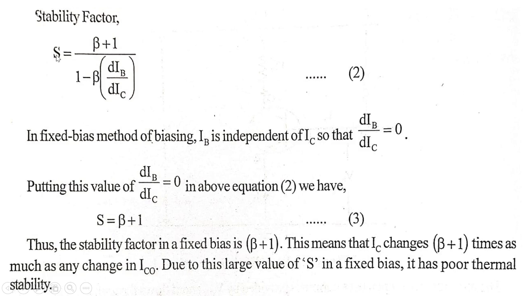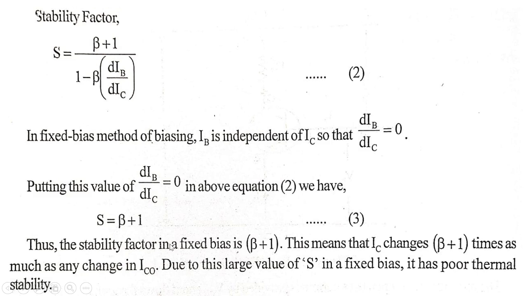Stability factor S equal to (beta plus 1) upon (1 minus beta dIB upon dIC). In the fixed bias method of biasing, IB is independent of IC so that dIB upon dIC equal to 0. Putting this value in the above equation, we get S equal to beta plus 1.